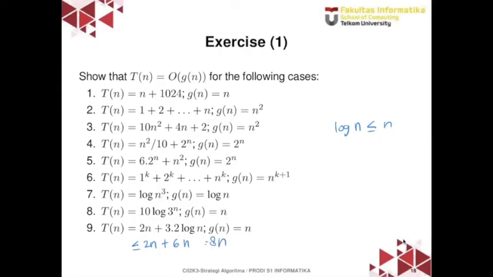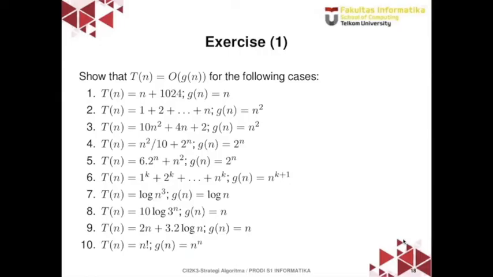So we can consider 8 as c, and because this holds for all n not 1, we don't have log 0, here 1 can be considered as n0, so that we can conclude that Tn is in big O n.